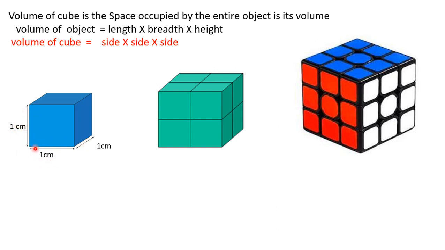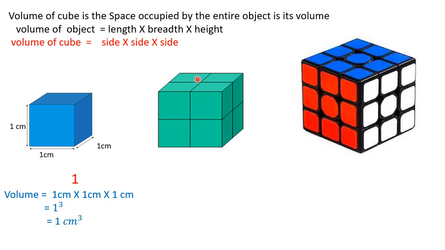In this first scenario the volume will be 1 centimeter into 1 centimeter into 1 centimeter. So we can write this as the product of 1 three times, which is 1 cube, so the volume of this cube is 1 centimeter cube.